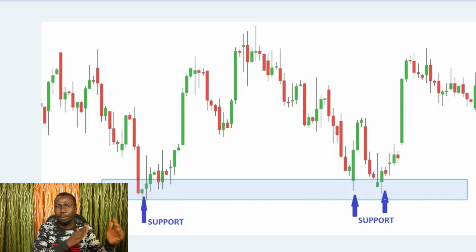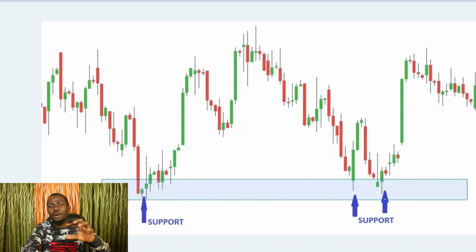So if the market is in an uptrend or downtrend, you can simply use a trend line to connect the highs and the lows. But if the market is clearly in a range or sideways, you can then use a horizontal line or a rectangle to map the lows and the highs. So this is an example of a ranging market. You can clearly see this is a support level and this is a resistance level.